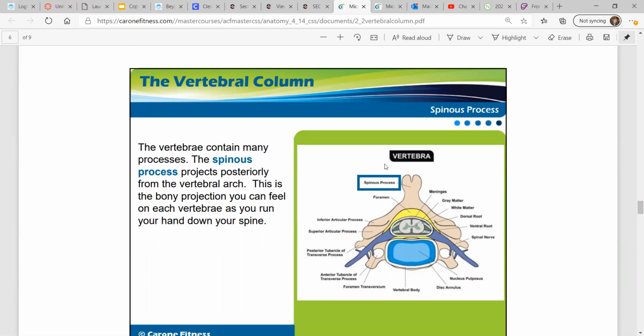For instance, the spinous process projects posteriorly from the vertebral arch. That means behind. So this is the bony projection you can feel on each vertebra as you run your hand down your spine. That little portion right there.